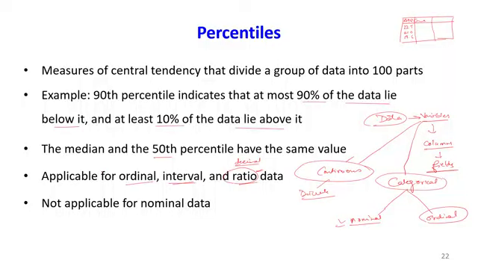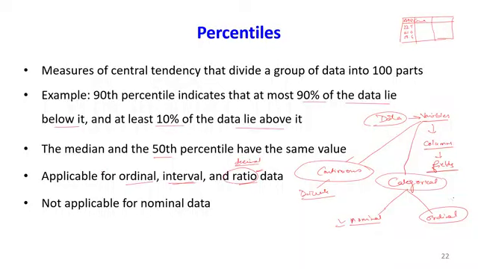For that data only, you can find out the percentile. For example, scores. Firstly, you need to sort it, then only you can identify how many data points are below a particular value. If you can't sort a particular variable, you cannot apply percentile on top of that.